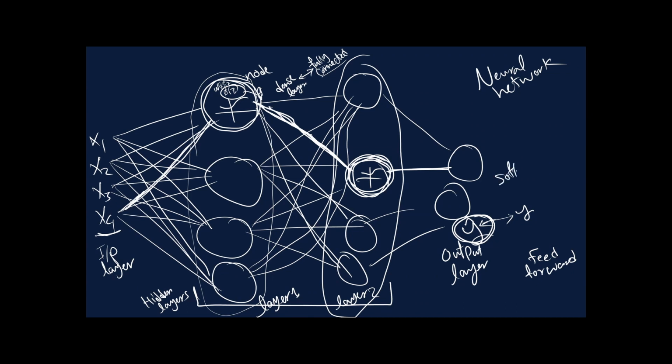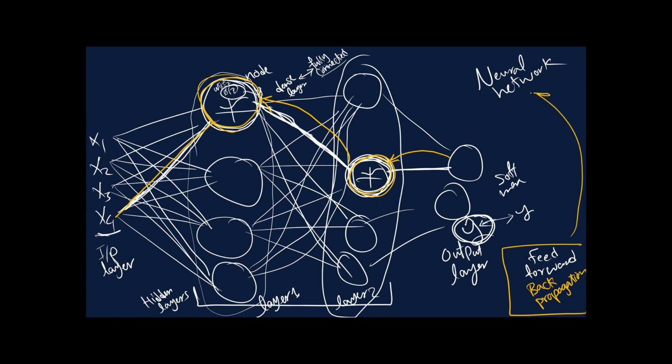Let's say that we have a softmax, we get our error and we know the error that we are making. We update the weights associated with that classifier, then the weights of the previous classifier, and then the weights with X. That's why we call this a feed forward back propagation neural network.